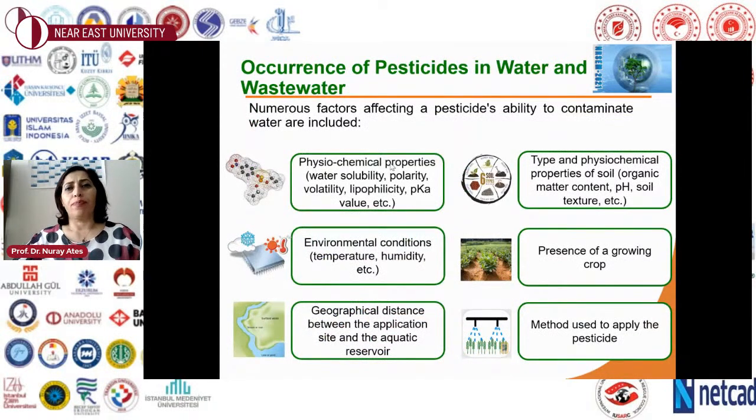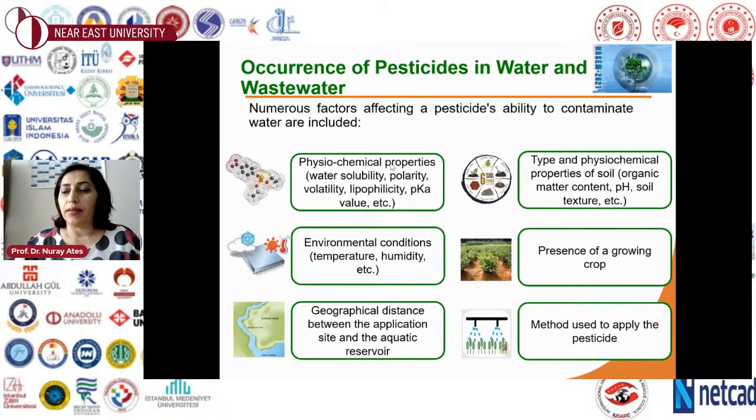The occurrence of pesticides in water and wastewaters depends on various factors. The most important factors are related to the pesticide structure and the physicochemical properties of the soil. Environmental conditions also affect the pesticide distribution or decomposition in the environment.